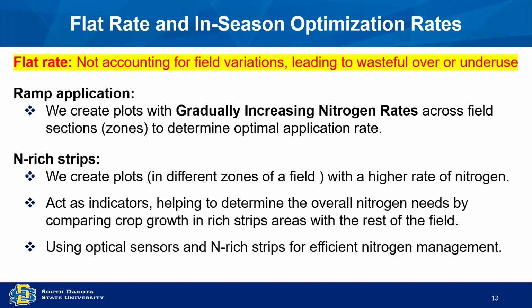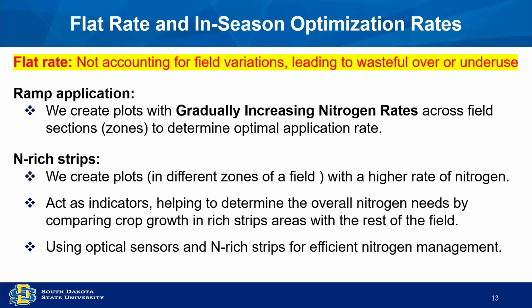If we started from a zero rate up to 200 pounds of nitrogen, we will see that the color of the plot will change all the way to 100 pounds, half of that range. After that, we don't have color changes, so we can consider that the optimum rate. It's not accurate, and is time consuming and difficult to do.